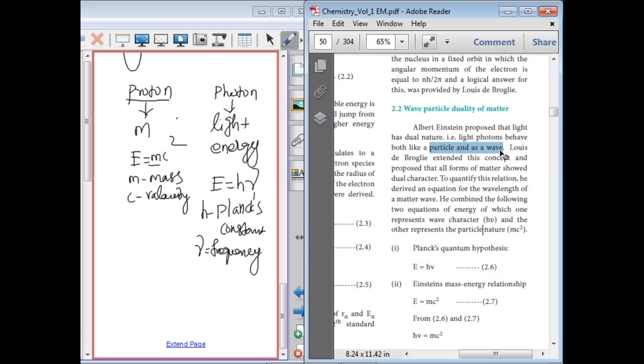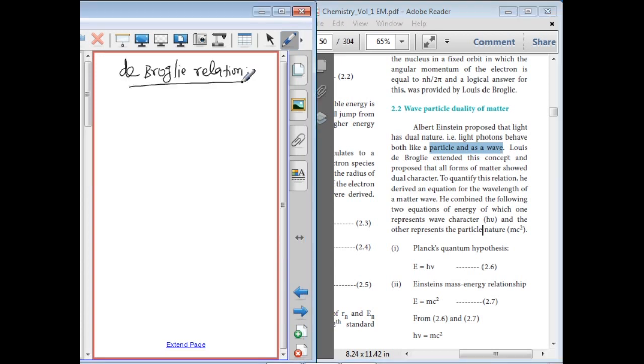So all matter has a dual nature, one the particle, another the wave nature. The wavelength of the wave associated with any material particle was calculated by analogy with the photon.